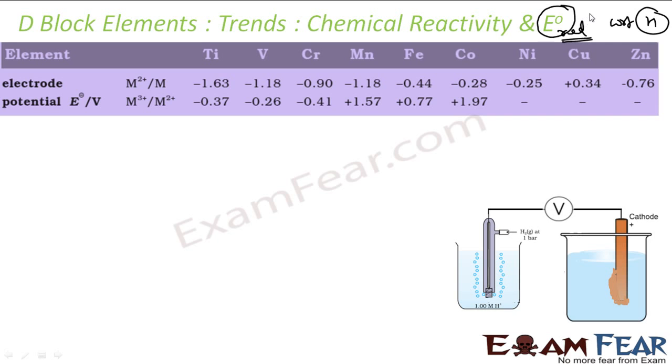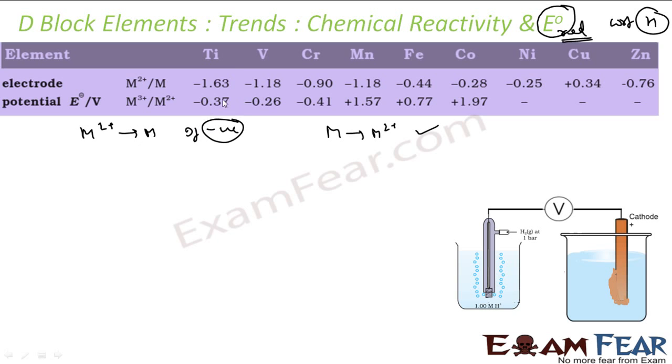Now if you see the negative value of E0, that means the reverse reaction is possible. For example, M2+ to M, if the value is negative, that means the reverse reaction, that is M to M2+, is feasible.